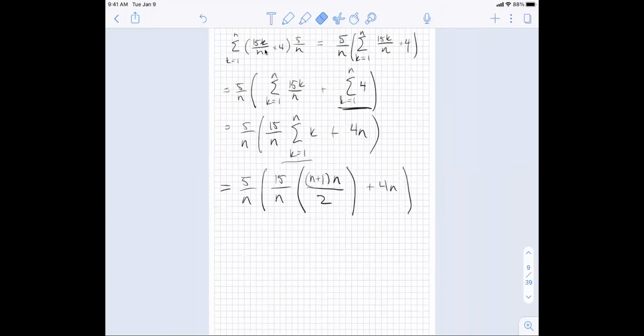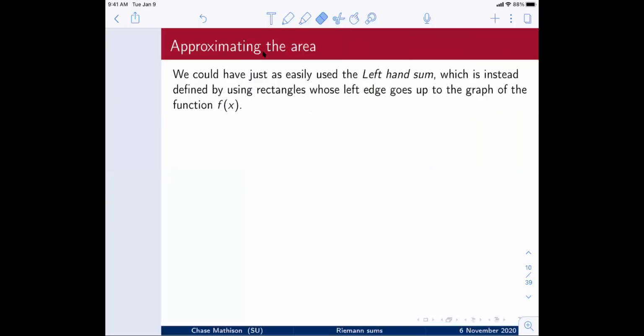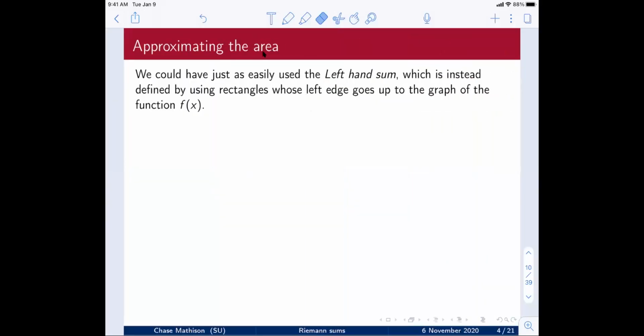What's the calculus thing that we should do to this now? Yes, I should take a limit. I should let the number of rectangles get very, very big. Or in other words, you could also think about it as letting the width of the rectangles get very, very small. So that's what we're going to talk about on Monday.